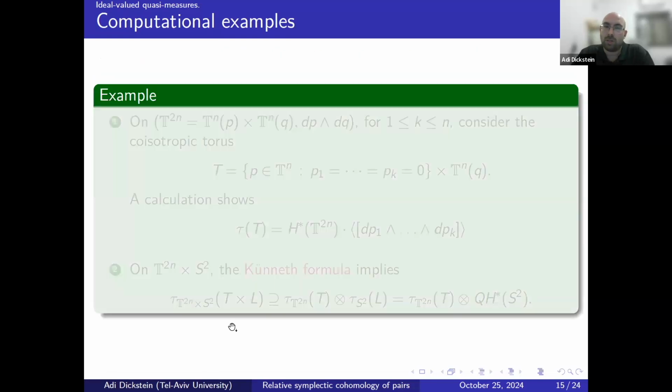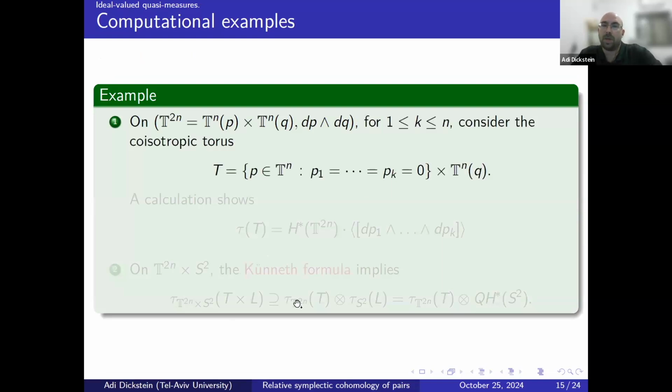Some computational results. On the standard torus with coordinates p and q, given k, an integer between 1 and n, we can consider the coisotropic torus T, which is the set of all the points whose first k coordinates are 0.